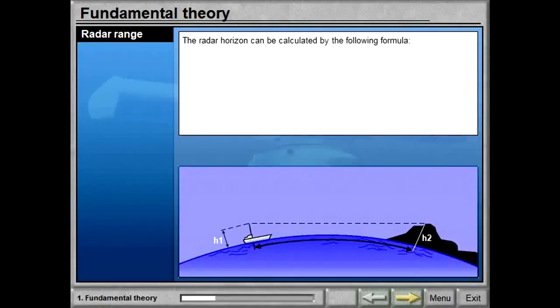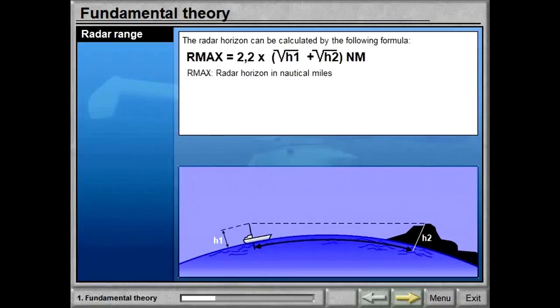The radar range will vary with changing weather conditions, however. During standard atmospheric conditions, that is 1013 millibar air pressure, 0 altitude and an air temperature of 18 degrees centigrade, the following formula can be used, where Rmax is radar horizon in nautical miles, H1 is antenna height in meters, H2 is target height in meters.